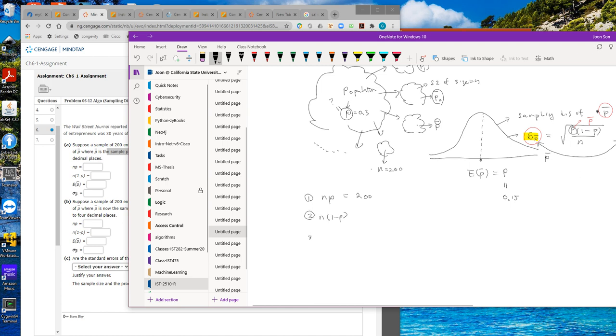In the third problem, they're asking you to find E of p prime, and we know that this is the same as the population proportion, which is 0.15.